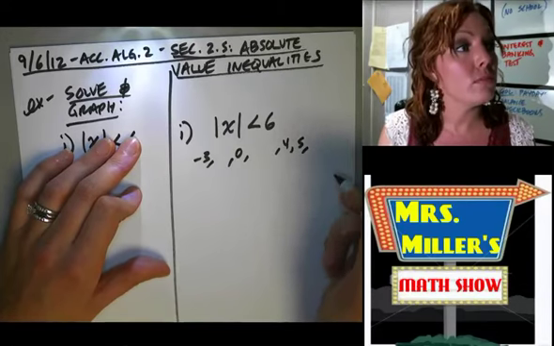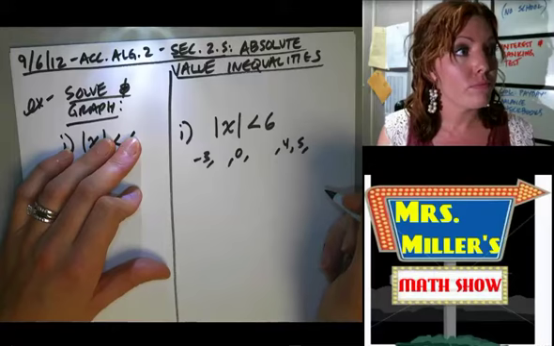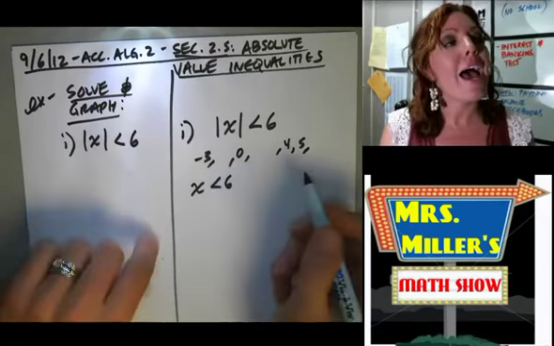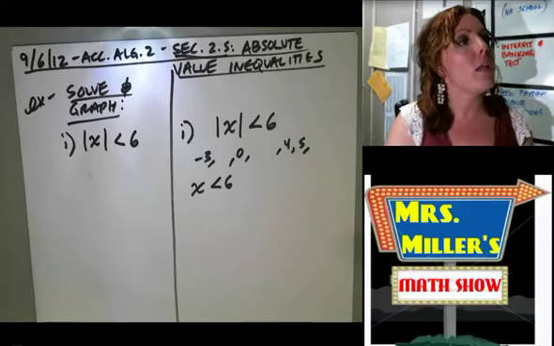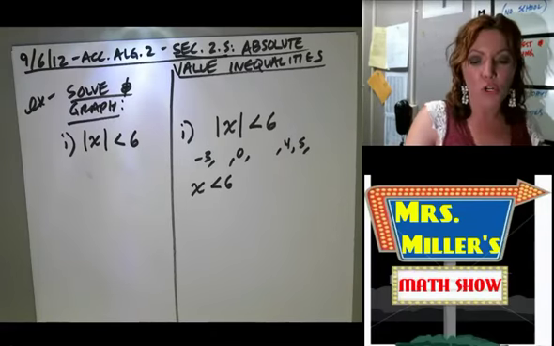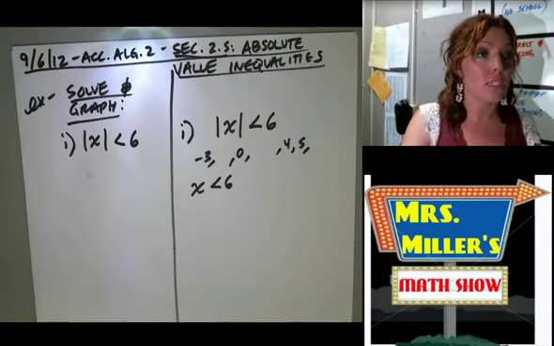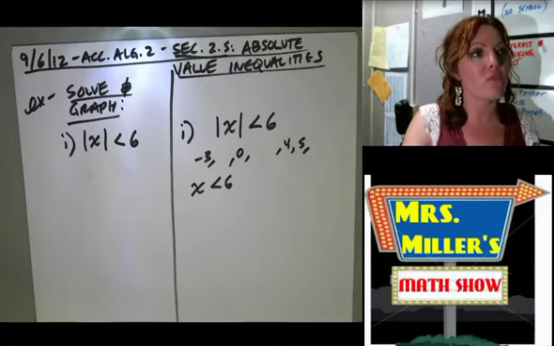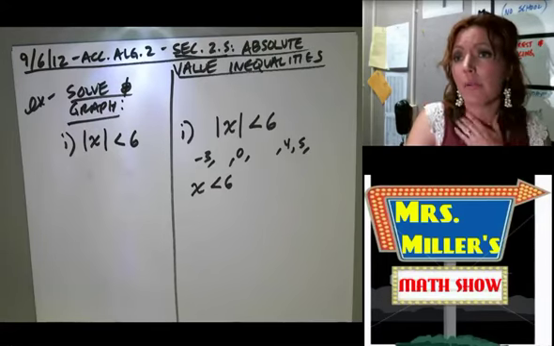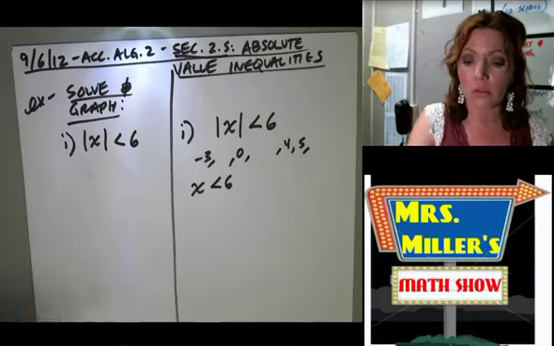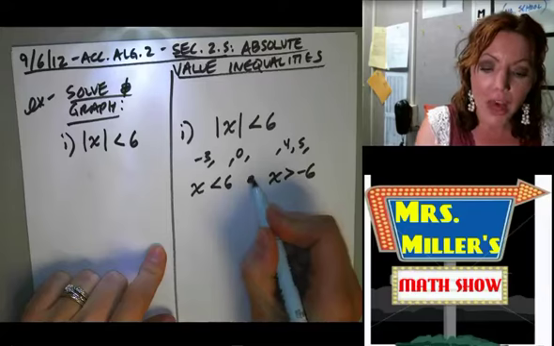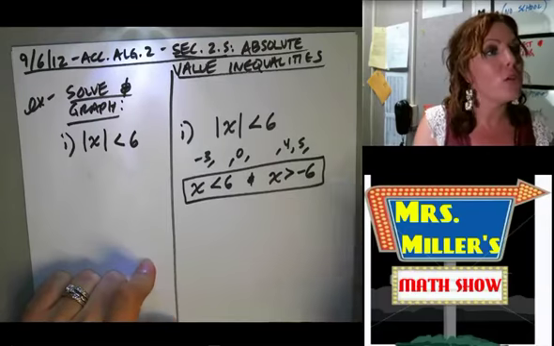1. Marcy? Could we just say anything below 6? Good. Anything below 6. Now, that's part of it, but what about -13? -13 is below 6. No. Okay, so there's one other piece of this that also has to be put in here. Lydia? Anything below 6 and above -6. And above -6. Okay, so that is what our solution is.